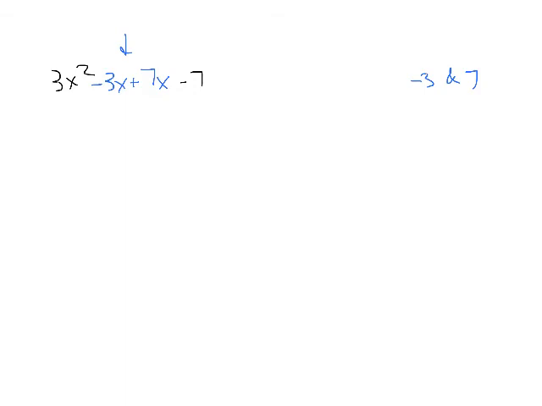From there, we split our problem in half and take out the common factors. On the first left side, both terms have a 3x, and 3x times x to get to x squared, and 3x times a minus 1 to get back to the minus 3x. Second side, both terms have a 7, and then 7 times x, and 7 times minus 1.